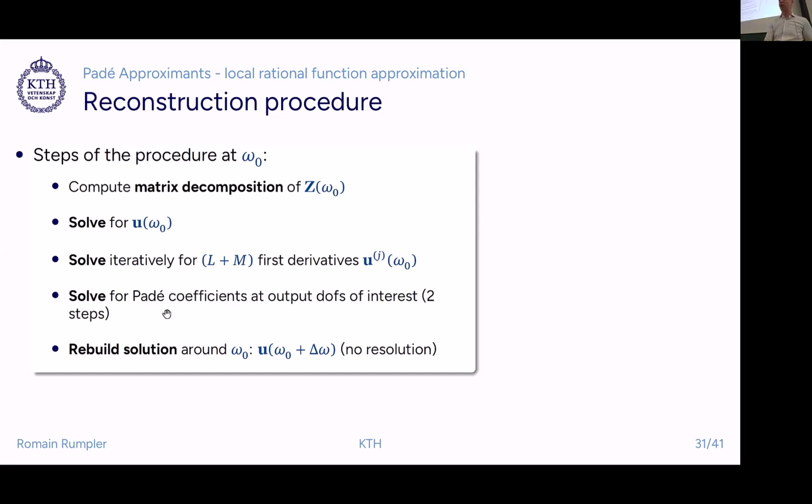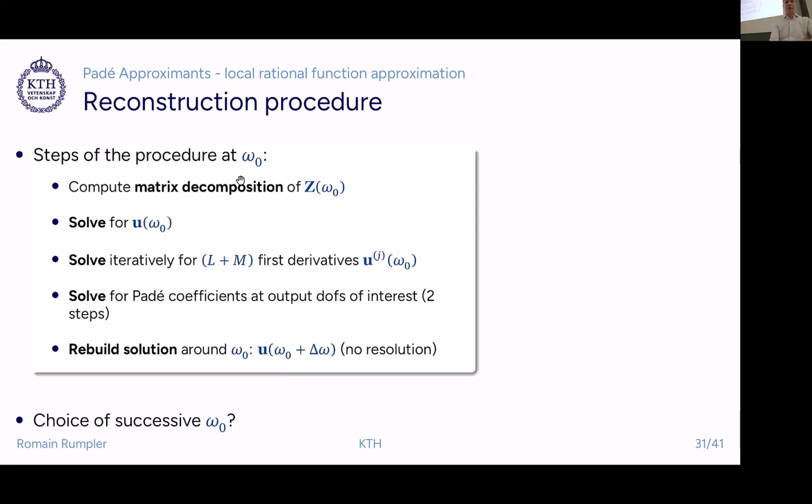Then for each degree of freedom of interest in a solution vector, you have a very small linear system of equations to solve in order to get to the denominator expansion coefficients. After that, the second step is you have multiplications to get to the numerator coefficients of the series expansion. And finally, you just have an evaluation of the response by evaluating the expansion that you have established at different frequencies around the frequency of expansion.